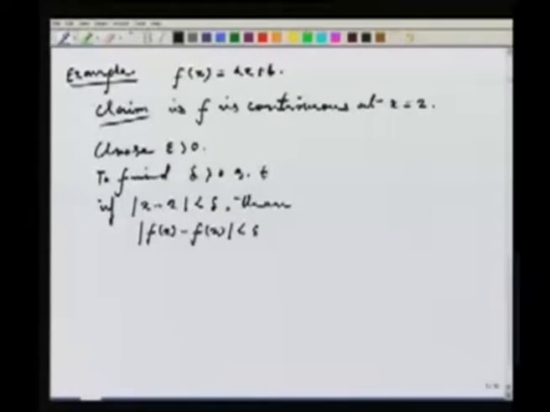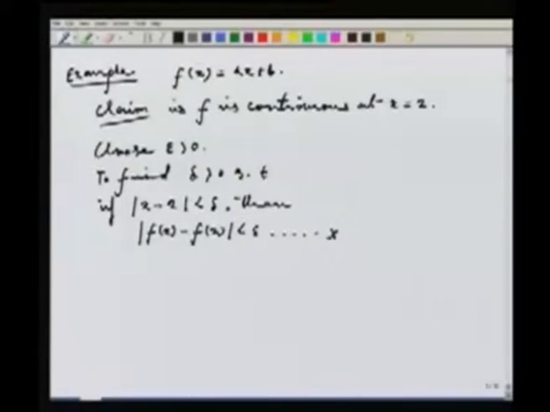Now what I know is, I know the explicit value of f. So I will put the value of f in this equation, which I call star. Well, it's not quite an equation, sorry, it's an inequation. So this then looks like |ax + b - 2a - b|. So I have to prove that this is less than epsilon.